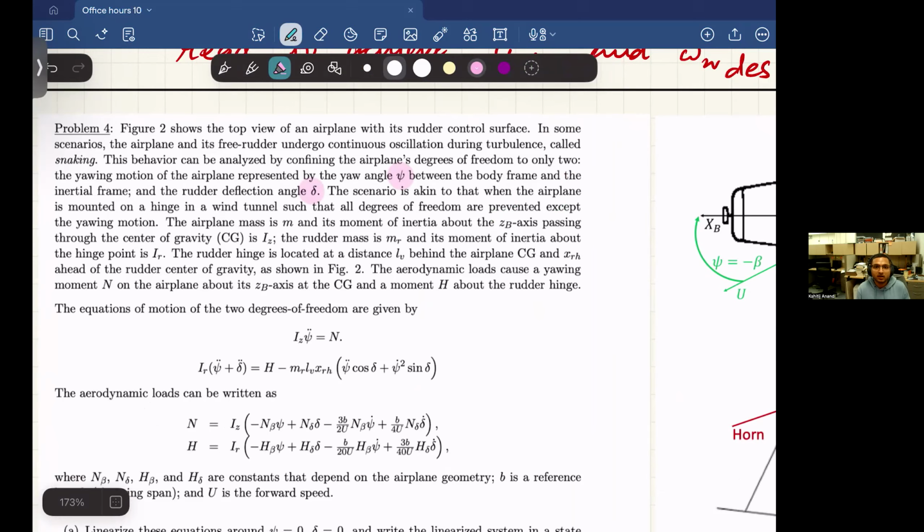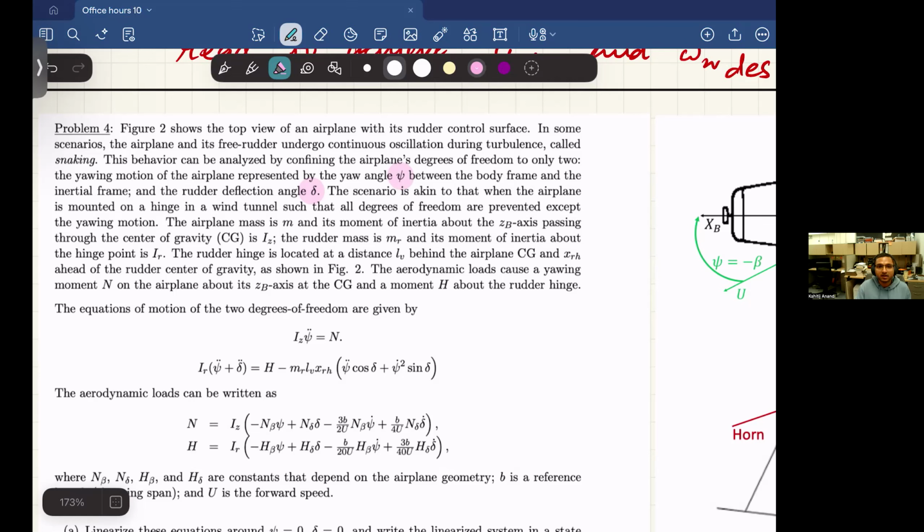The scenario is akin to that when the airplane is mounted on a hinge in a wind tunnel such that all degrees of freedom are prevented except the yawing motion. So you don't need to be worried about any other equations of motion. The airplane mass is m and its moment of inertia about the zb axis passing through the center of gravity is Iz.